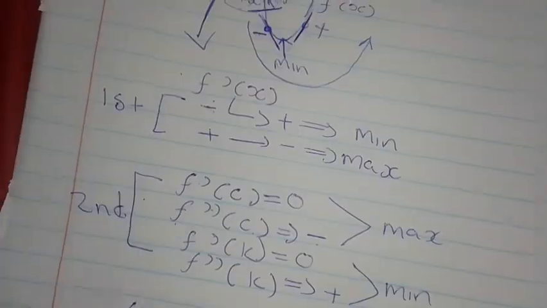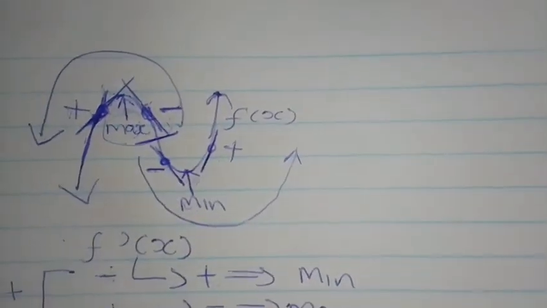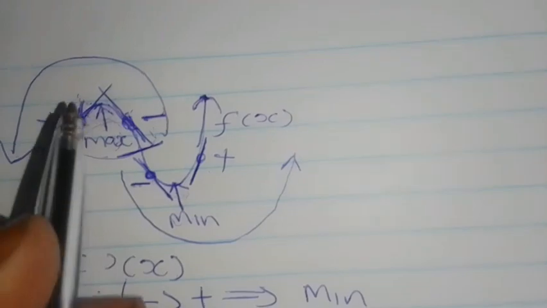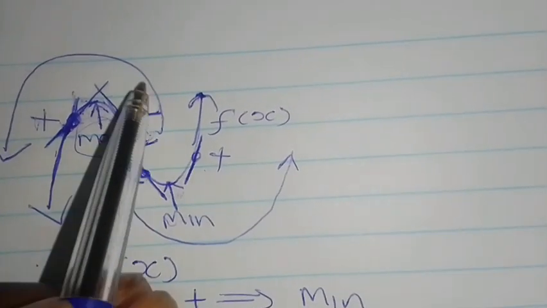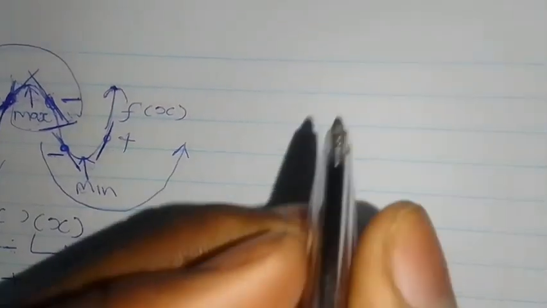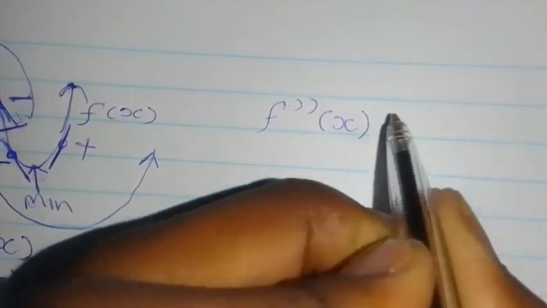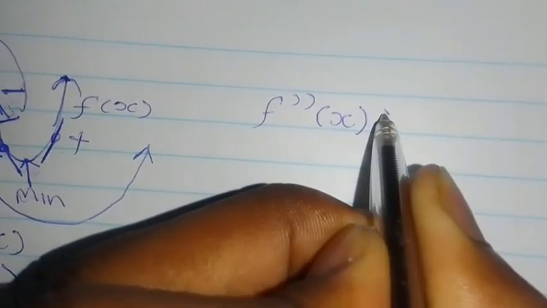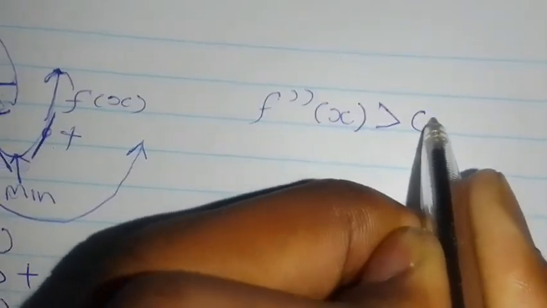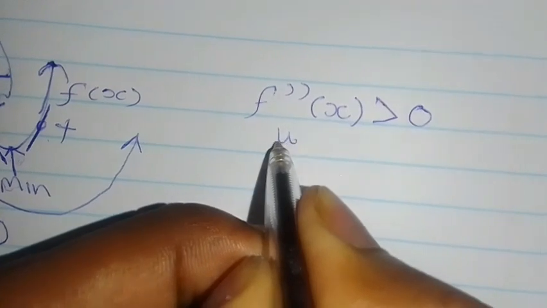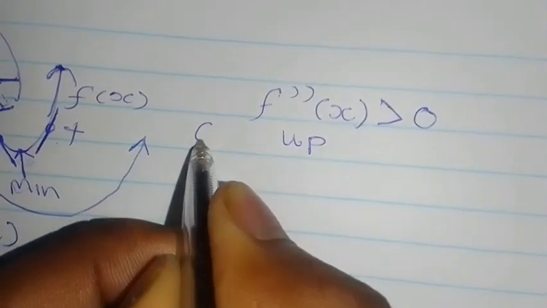Now, let's go back here to this graph. The concavity of the graph can be defined with the second derivative. If the second derivative is greater than 0, that means your graph is concave up.